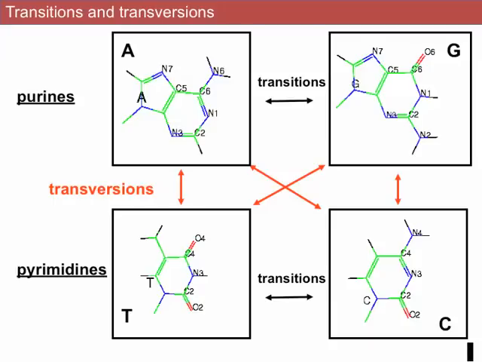We want to penalize changes if they are considered rare or unlikely. If we have a tree that requires a transversion event, and we're comparing it to a tree that requires a transition event, and that's all the differences between the two trees are, the best tree is probably the one that requires a transition event because transitions are more common.